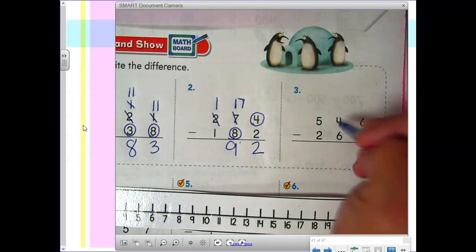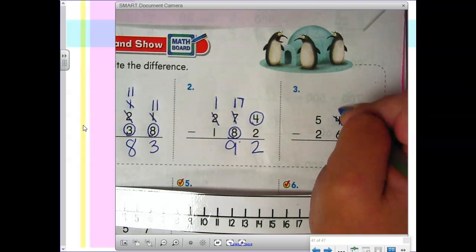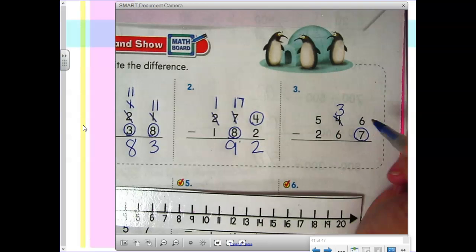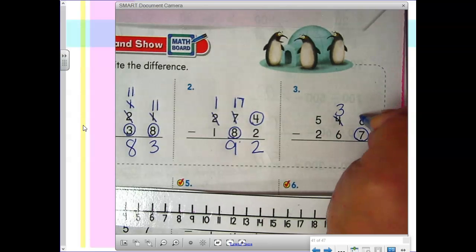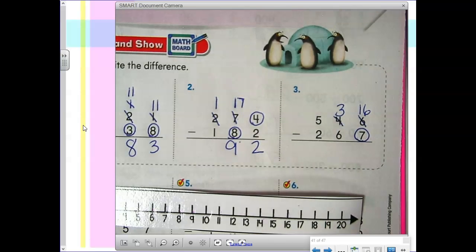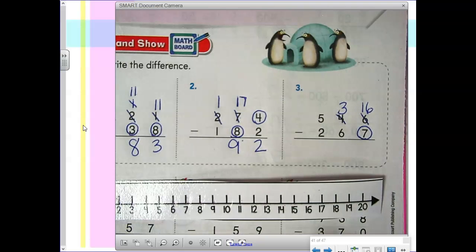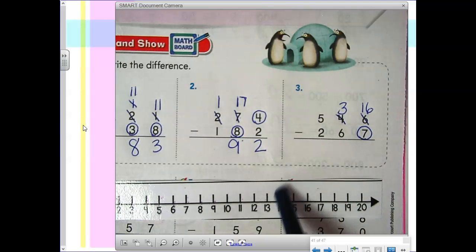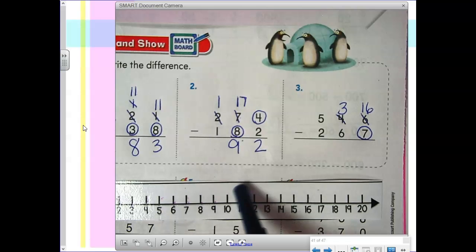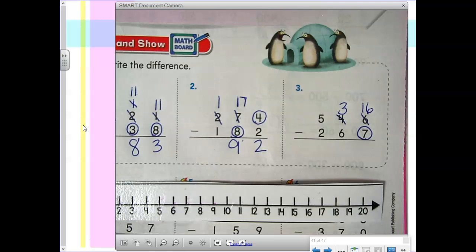We go next door and grab 10 more. That 4 becomes a 3. Add 10 to it. 6 plus 10 is 16. 16 minus 7. 1, 2, 3, 4, 5, 6, 7. Our answer is 9.